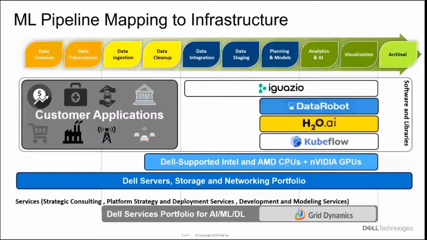I don't want to call it a myth, but at the same time, there is a growing perception that when it comes to machine learning pipeline or machine learning workload, you have to have GPUs. GPUs do help, especially when it comes to deep learning or inferencing or some visualization, text to image conversion.